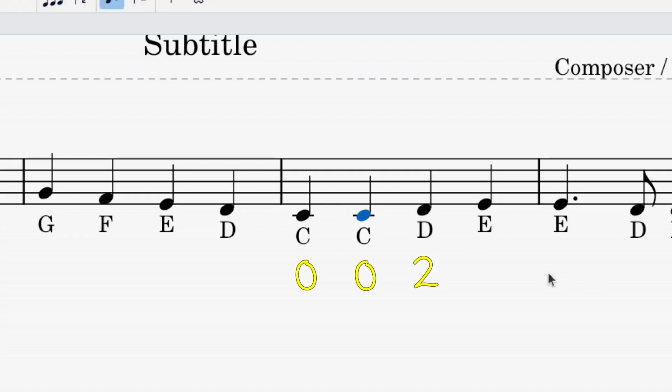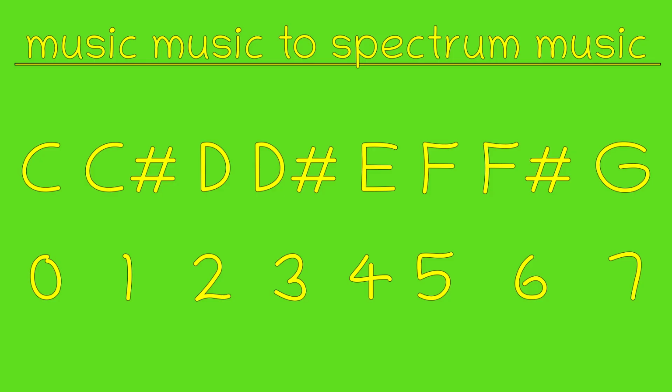And then our next note, well, that's an E, which is 2 above the D. Or 4 above the C. So the pitches in ZX Spectrum talk are 0, 0, 2, 4. Here's a handy little conversion chart.